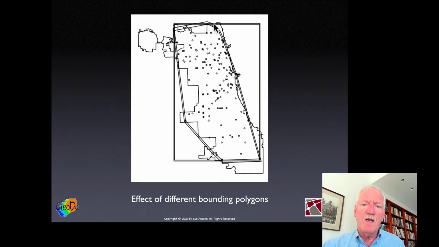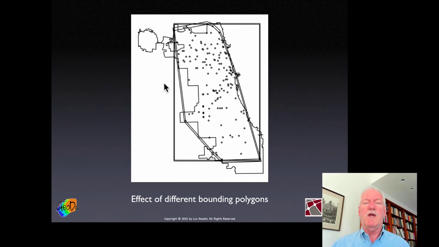You see from here over to there, and then similarly with the bounding box, it gets pushed out a little bit. So what that means in terms of the computation of the intensity is that the area of the bounding polygon is enlarged. So same number of points, larger area, lower intensity.